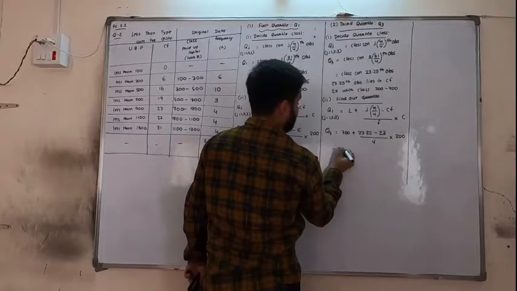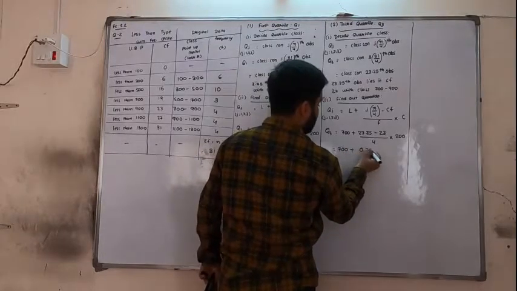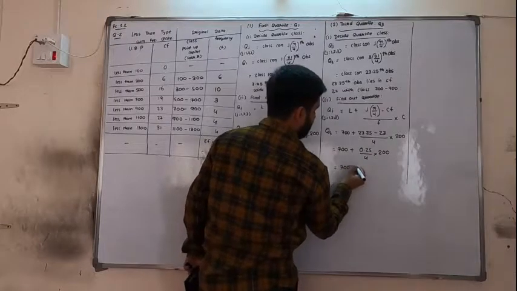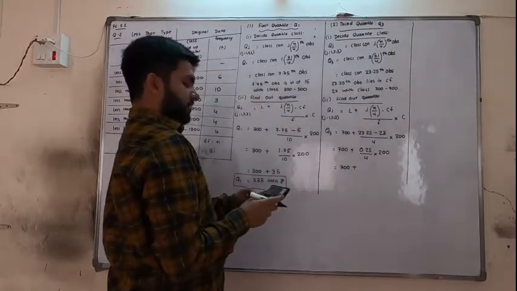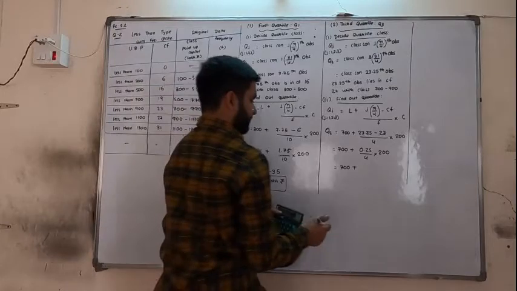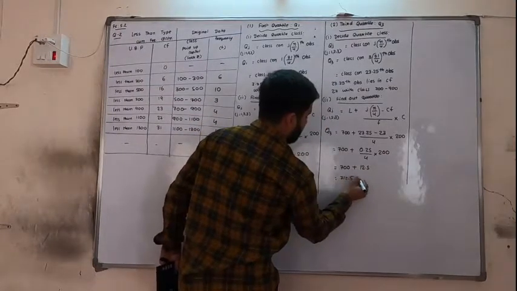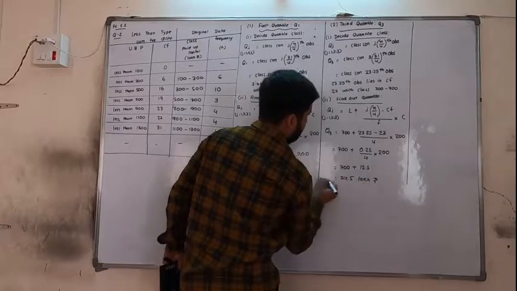Okay, so 700 plus 0.25 by 4 into 200. So 700 plus 0.25 into 200 divided by 4 is 12.5. So 712.5 lakh rupees.